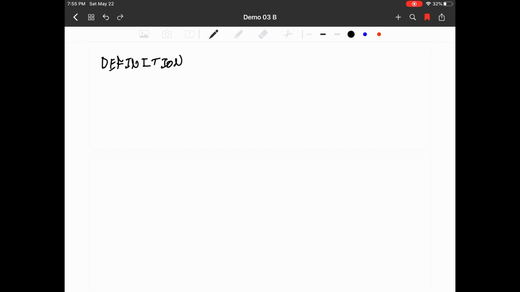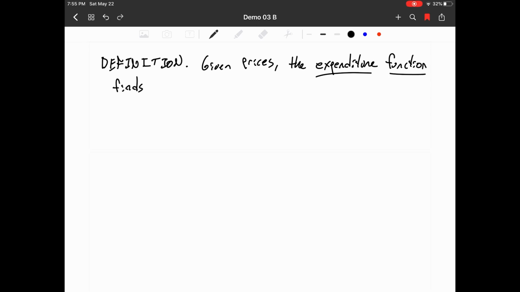So we're going to say given prices, the expenditure function finds the minimum expenditure to achieve a given utility, some u bar.